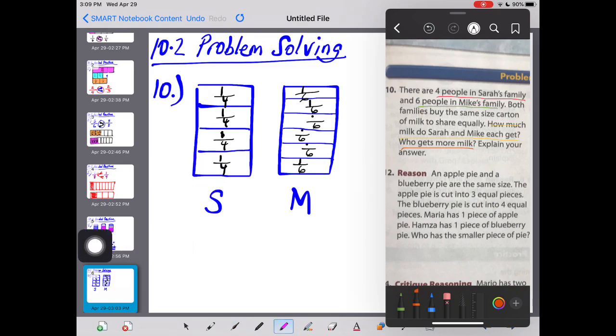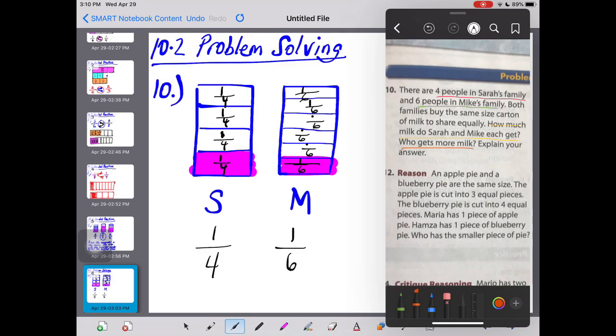So she's gonna get 1/4. And we could represent that right here with 1 out of the 4. Mike, he's one of 6 people. He's just one person. So he gets 1 out of the 6 pieces, or he gets 1/6.